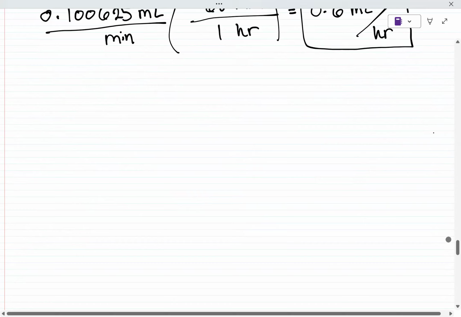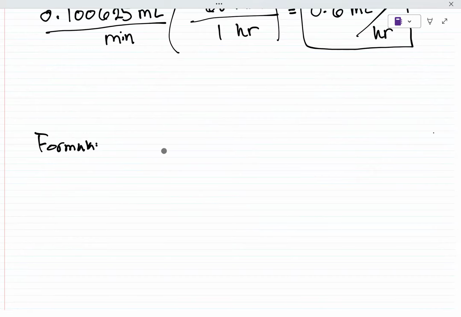And then you can also technically do a formula. How would you do this using the formula? We were given 0.161 mg for 400. So the formula is desire over have times vehicle.